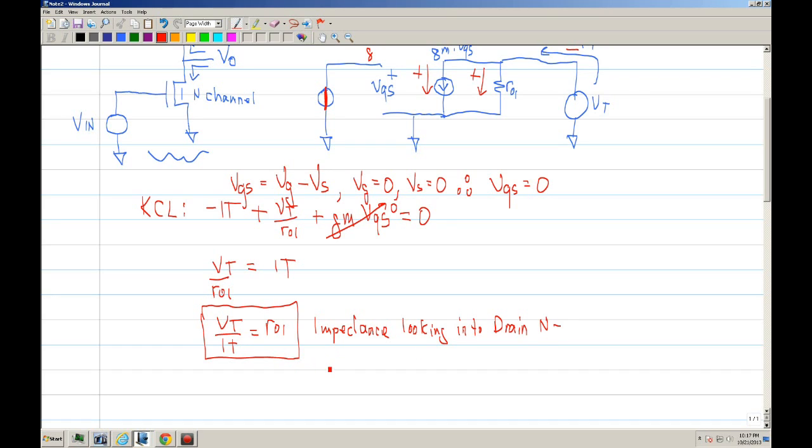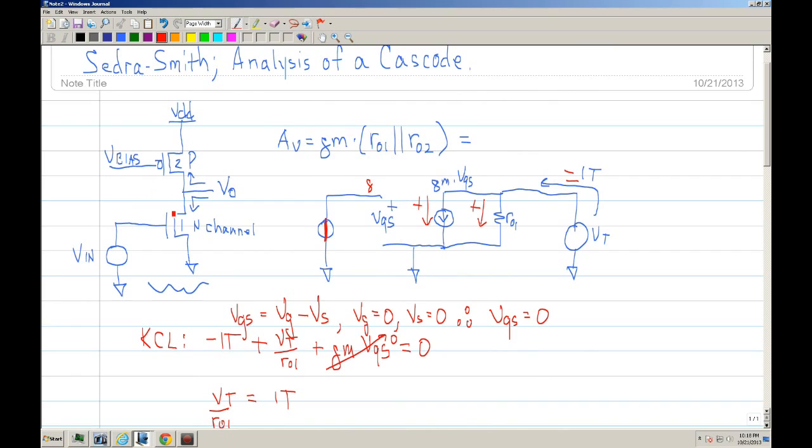By inspection you can say the same for the P. Since you have ro1 looking down and ro2 looking up, there's the parallel combination. So you have a certain amount of gain. You can call it intrinsic gain. In other words, this is the most gain that you can get out of this topology.